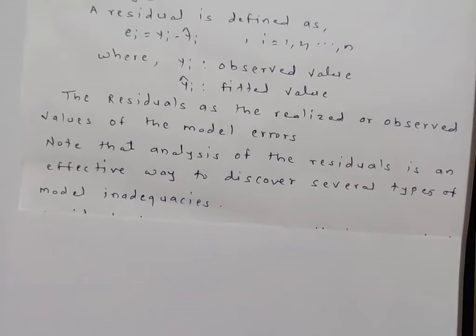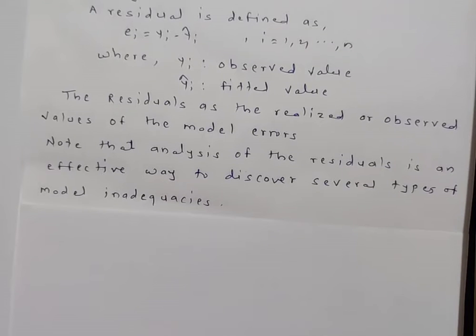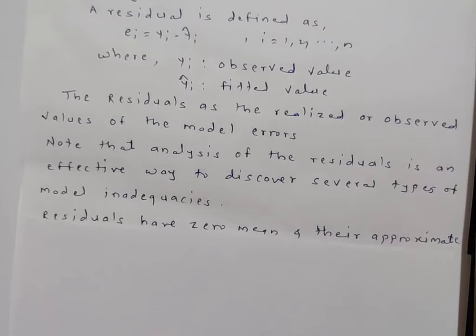If there are any inadequacies, that is, if the variance is large, or there is a correlation between the e_i's, or we may observe multicollinearity, or there may be outliers present in the data, then these can be discovered by using the residual analysis.